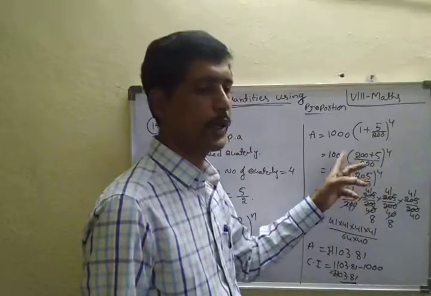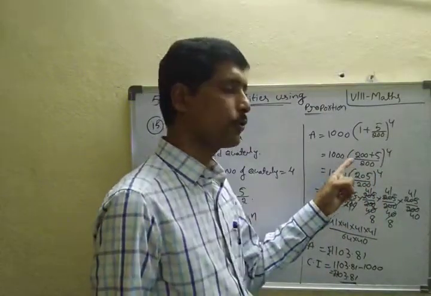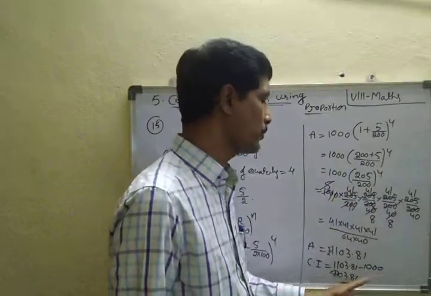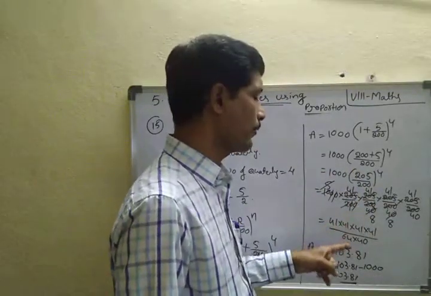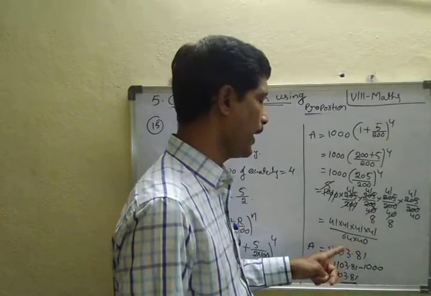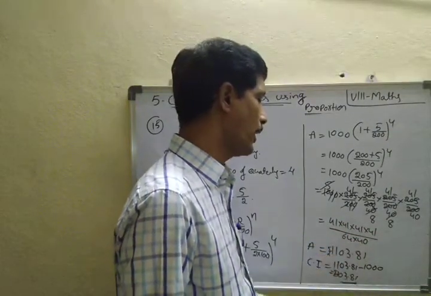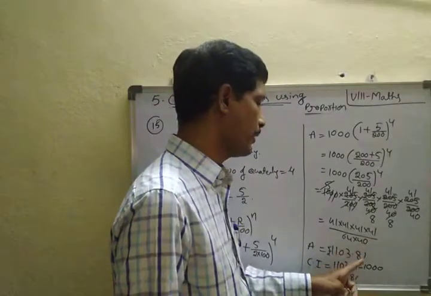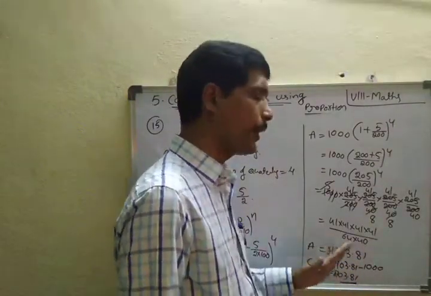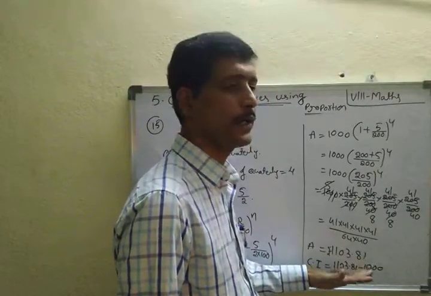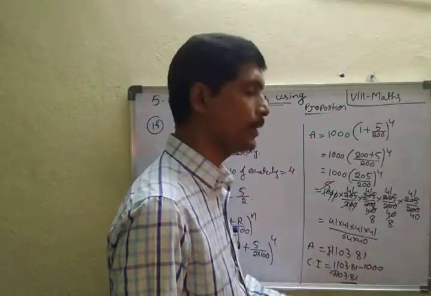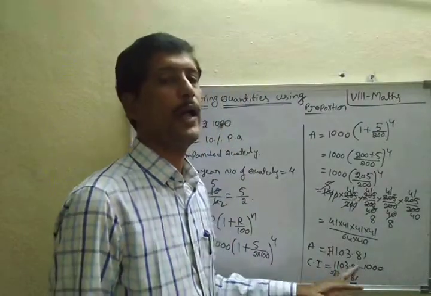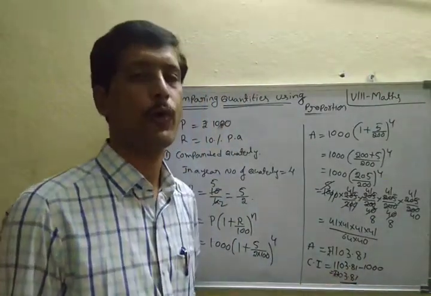Whole power 4 means write it 4 times. Total simplify, you get 41 into 41 into 41 into 41 by 64 into 40, that is 1103.81. Therefore, the amount minus principal gives the interest, that is 103.81, or approximately 104 rupees.